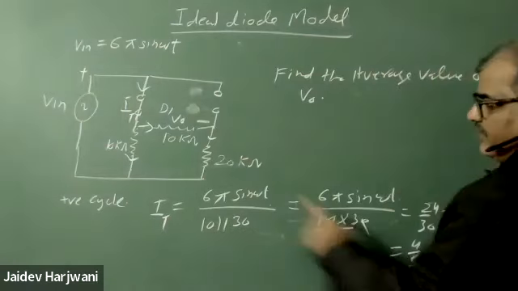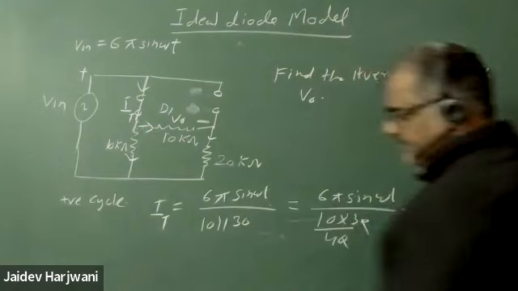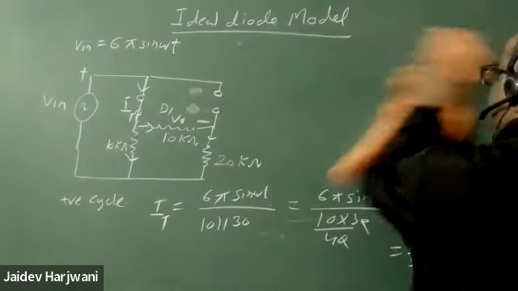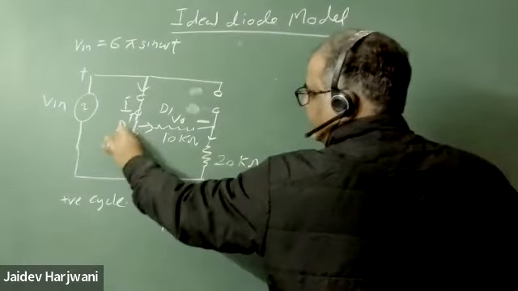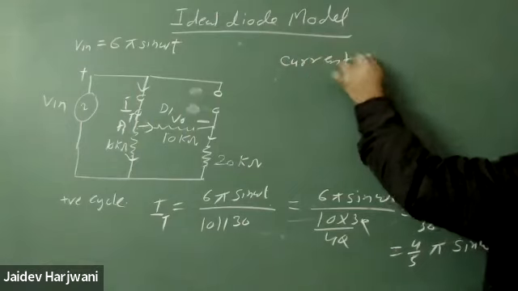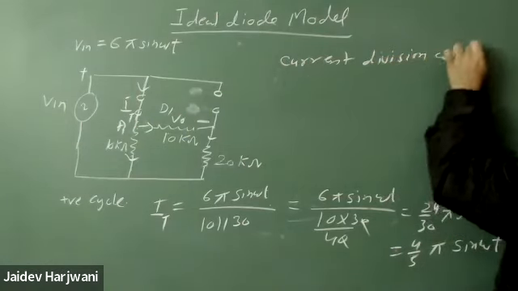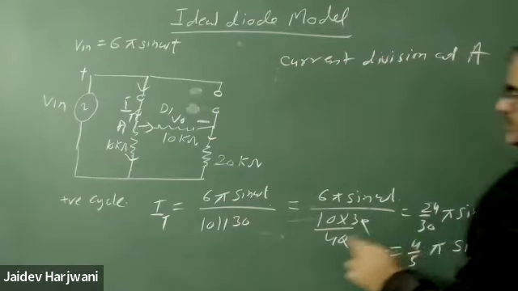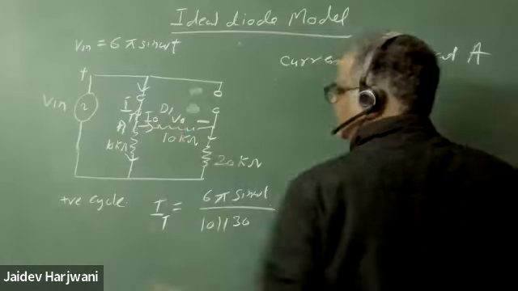I want the current in this resistance. So if I apply current division at A, say this current is I naught.